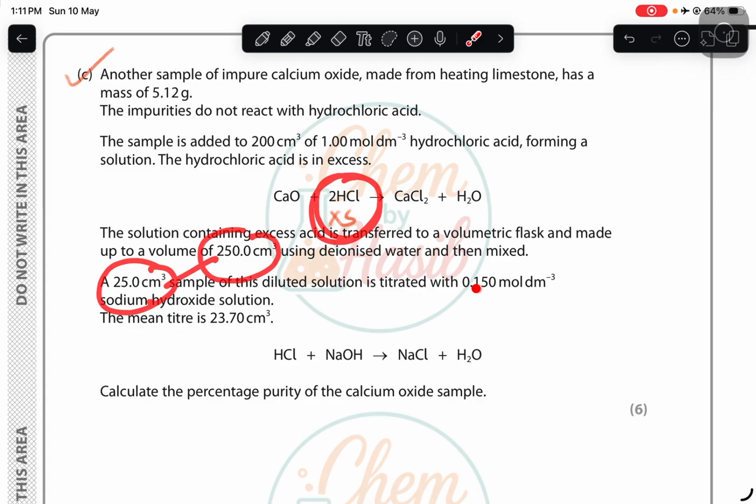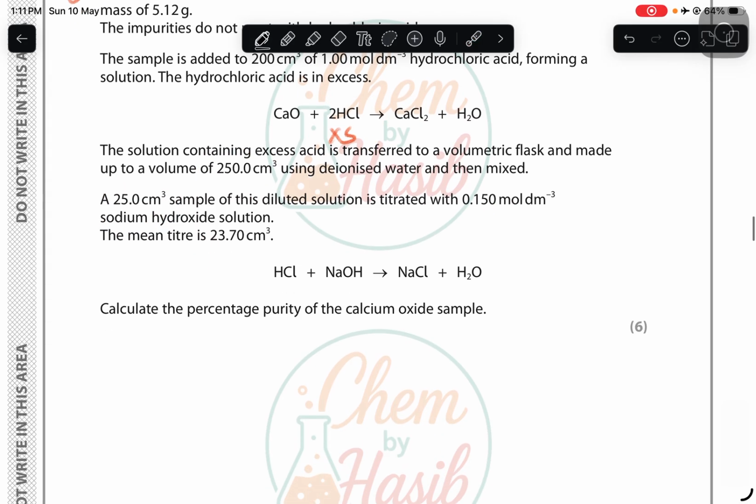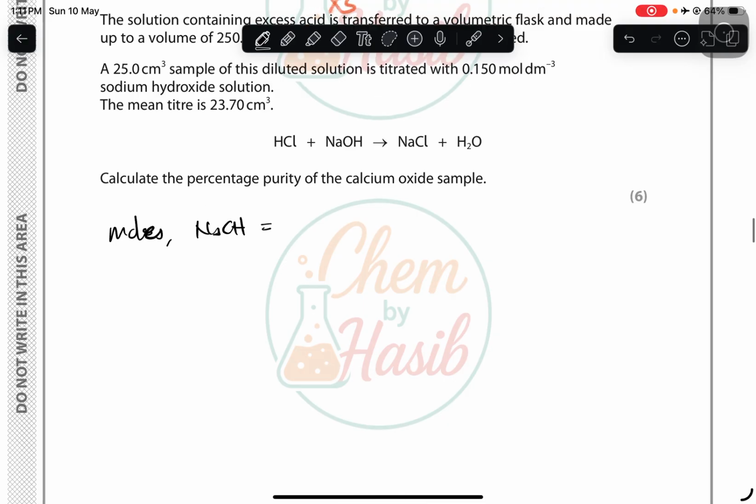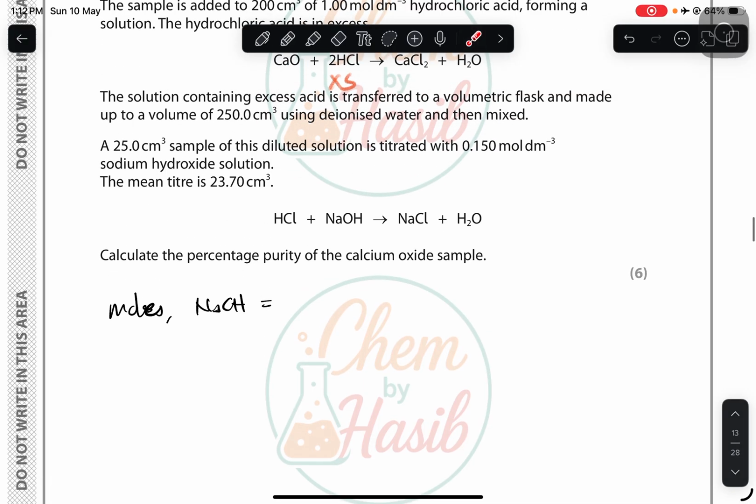Initially, we find the moles of sodium hydroxide. We have concentration and volume, so you multiply concentration 0.15 by 23.70 × 10⁻³. This is the moles of sodium hydroxide.